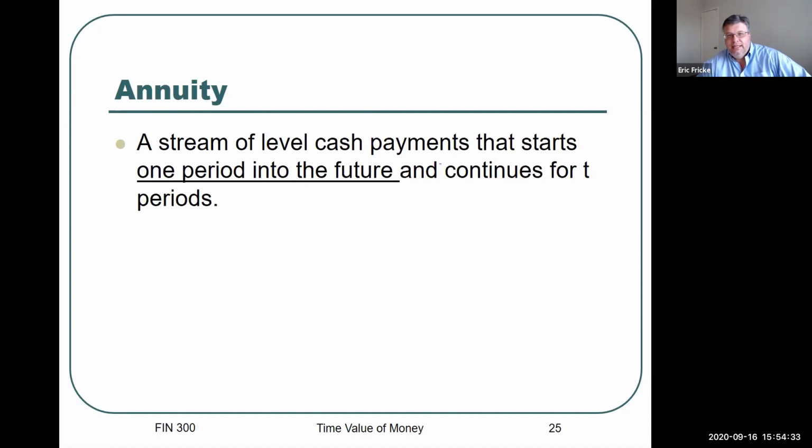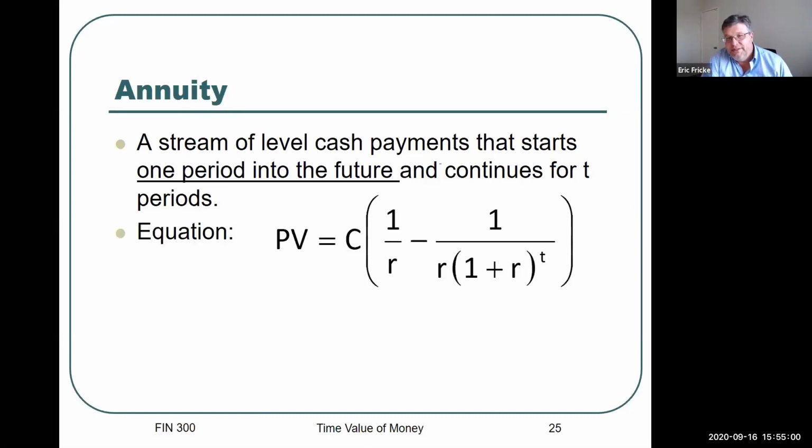Let's talk about an annuity. An annuity is basically like a perpetuity, but it has a defined life. It does not last forever. Here's the equation for an annuity. It's a little more complicated.